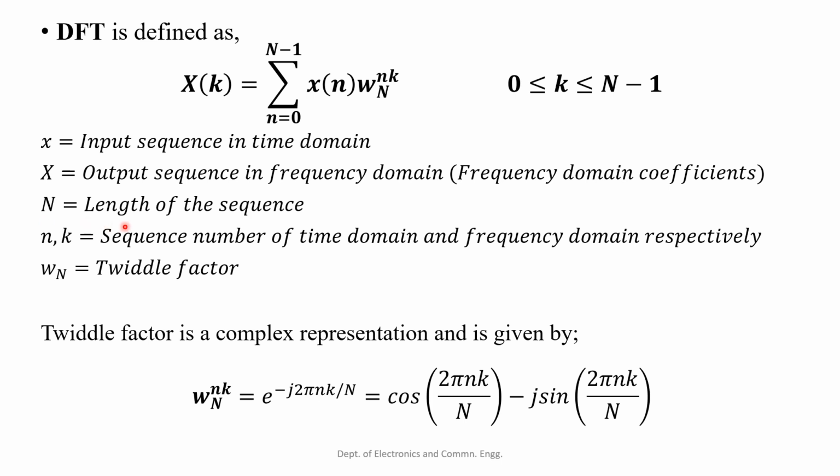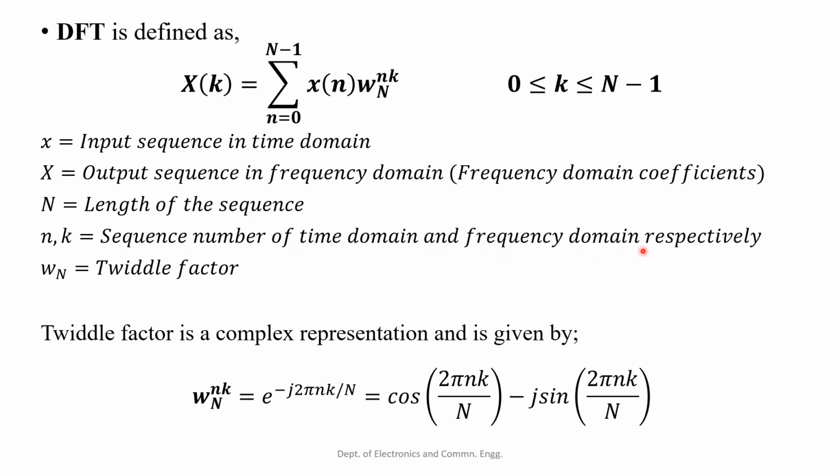So the overall length of the given sequence is defined by N, and at this instant you have to remember that the length of the input sequence and the length of the output sequence are going to be the same in the DFT.